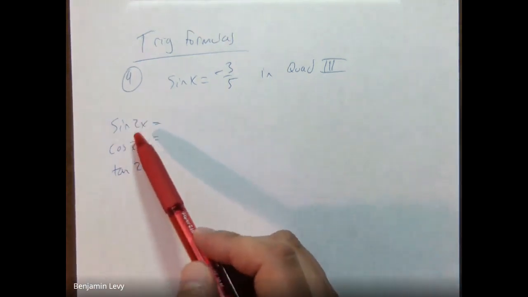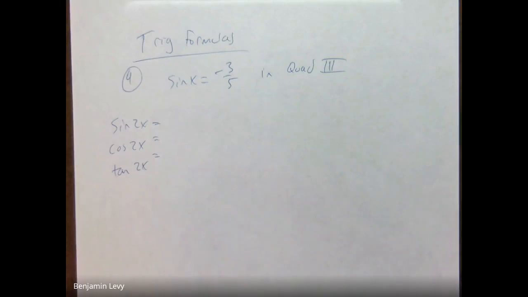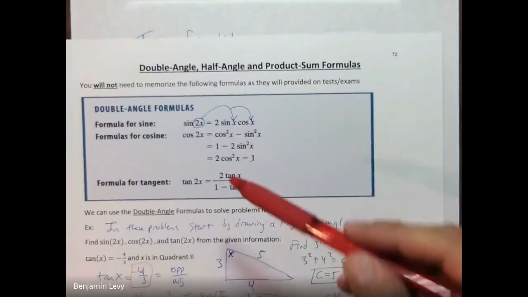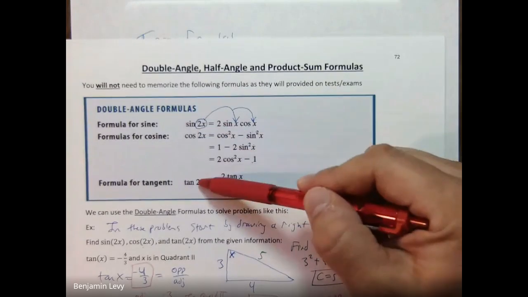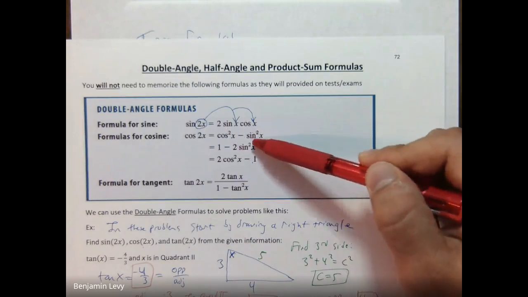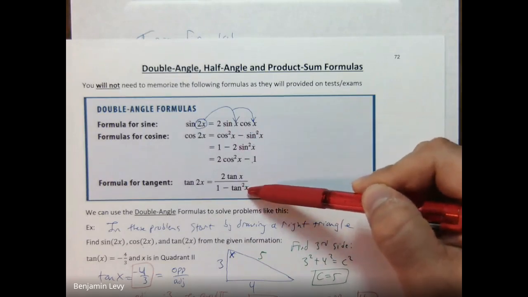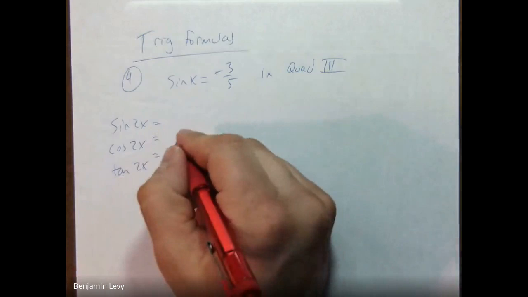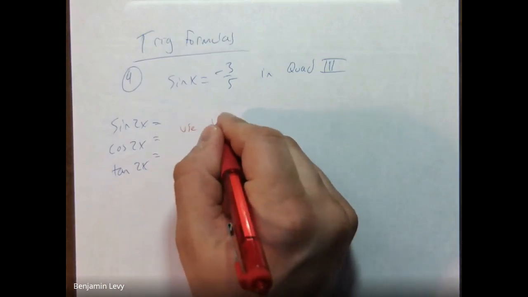If we want to know sine of 2x, cosine 2x, tangent of 2x, that looks just like the double angle formulas. If I look over here, that looks like the left-hand side of these things. And so if I want to be able to do those things, I just need to know what sine and cosine and tangent values are. And so we want to use the double angle formulas.